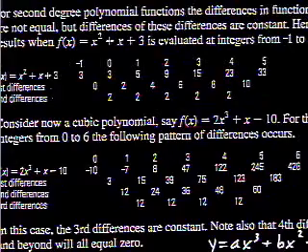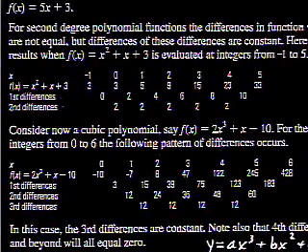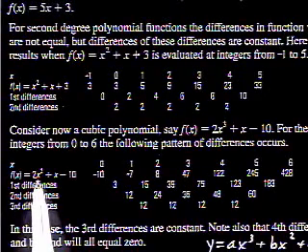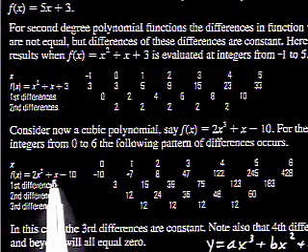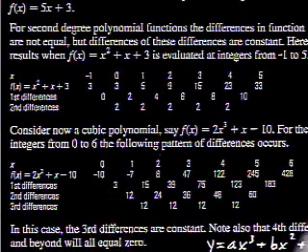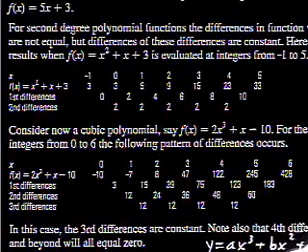Look at the next one. Y equals 2x to the third plus x minus 10. And we plugged in some values and found some y values. And we started subtracting.